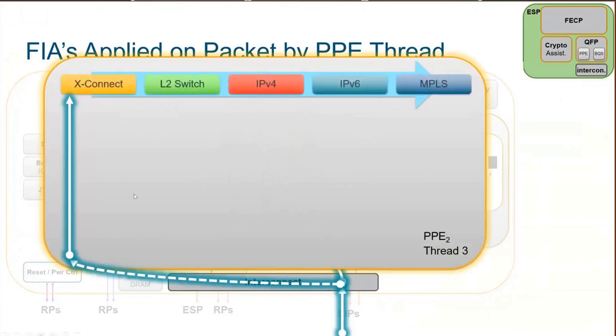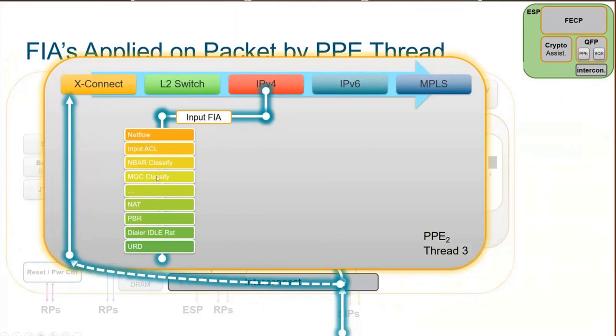Once that thread gets that packet, it will match with all these layers. First XConnect and then the L2 header. Now we found that it's an IPv4 packet, so we check the input feature invocation array for that interface. We get all these features.